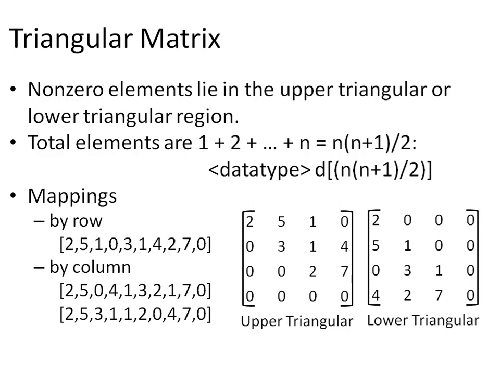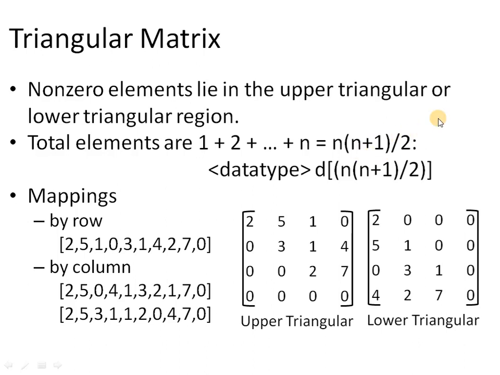Now, looking at triangular matrix, elements are present either in the upper triangular or lower triangular region. Also, the total number of non-zero elements comes out to be a summation of a series from 1 to n, which equates to n into n plus 1 by 2.